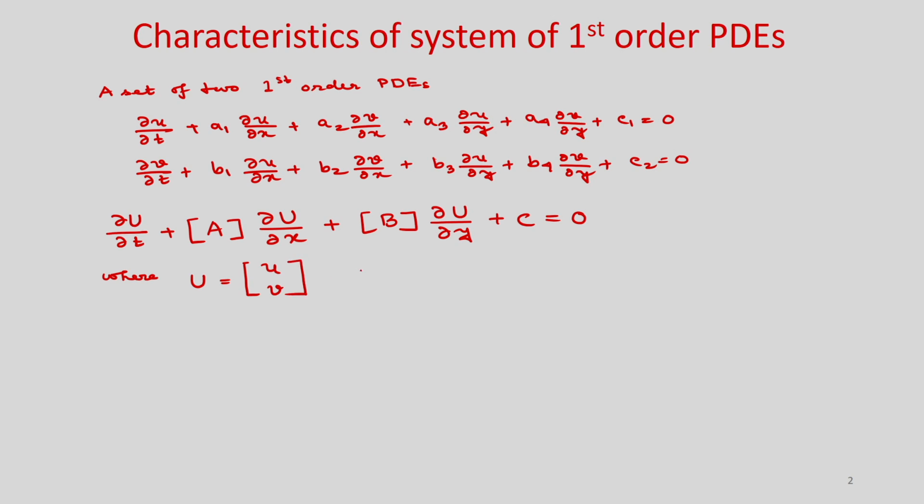So, what is A? You can see these are the coefficients, so A will be A 1, A 2, B 1, B 2.